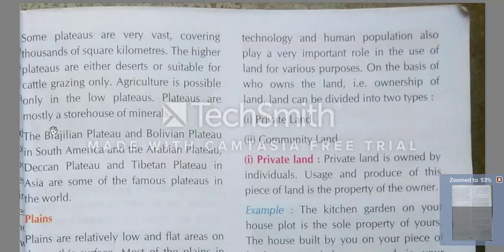This is a good point which you will have to learn. A plateau is a storehouse of minerals. Storehouse means इकट्ठा करता है, एक place, एक coast जिसे कहा जाता है. Here you can find minerals in large amounts.